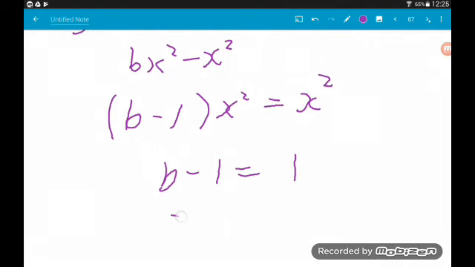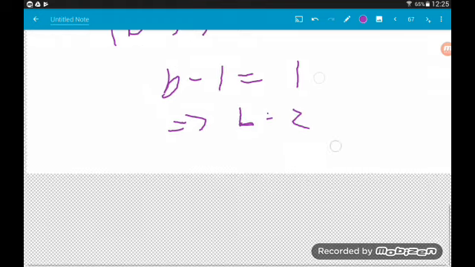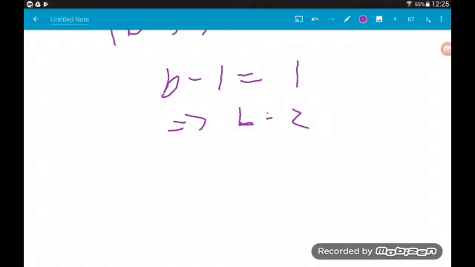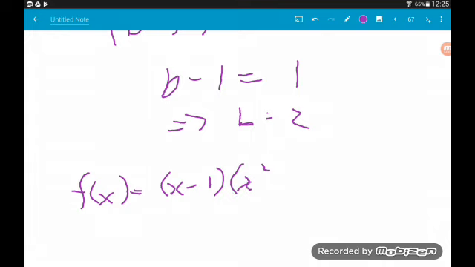Therefore, b is equal to 2. So now we can finally write our cubic as a product of a linear factor and a quadratic. So f of x is x minus 1 times x squared plus 2x plus 1.